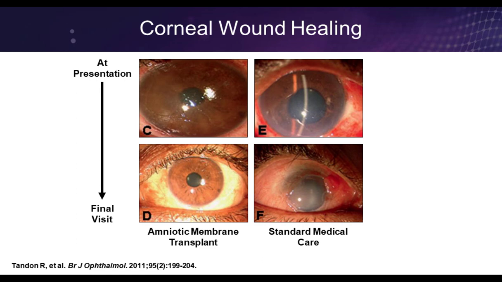And so you can see in these two examples that in the left two panels of C and D, with the treatment of the injured corneal epithelium with amniotic membrane laid onto the cornea, there's a beautiful result and repair of the damaged cornea, whereas in panels E and F, when just standard medical care is provided, not with an amnion membrane, you can see the very devastating scarring that occurs that impairs vision.